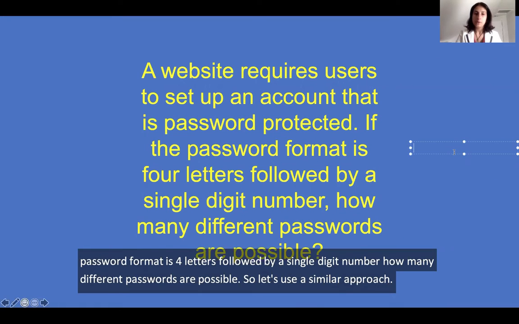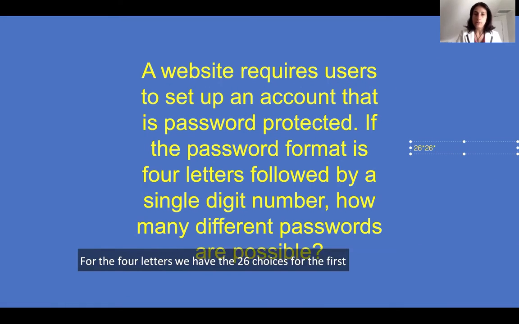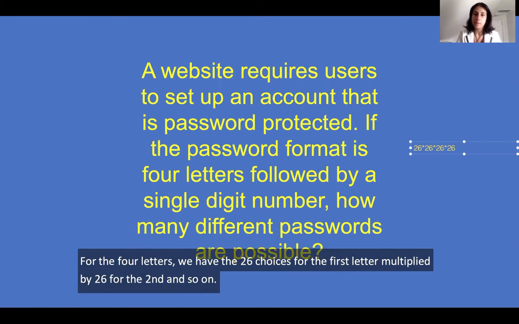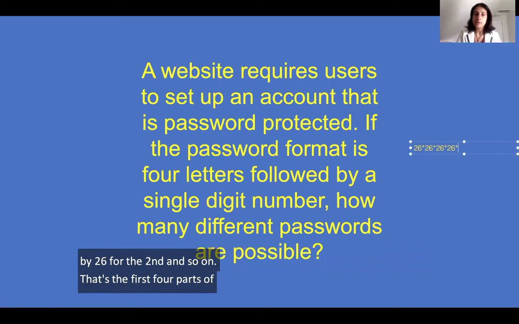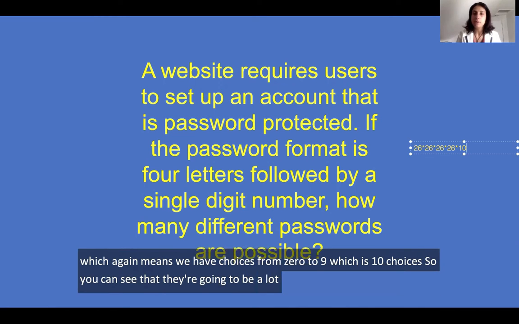For the 4 letters, we have the 26 choices for the first letter, multiplied by 26 for the second, and so on. That's the first 4 parts of the password. The 5th is a single-digit number, which again means we have choices from 0 to 9, which is 10 choices. So you can see that there are going to be a lot of passwords possible. It means multiplying 26 by itself 4 times and then times 10.